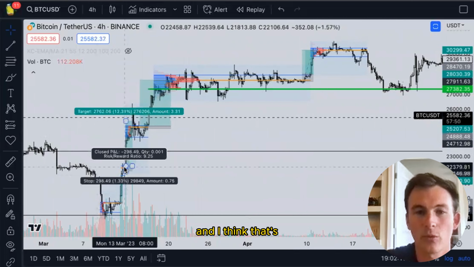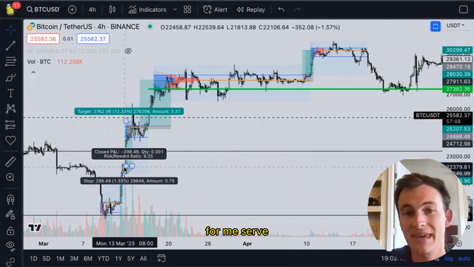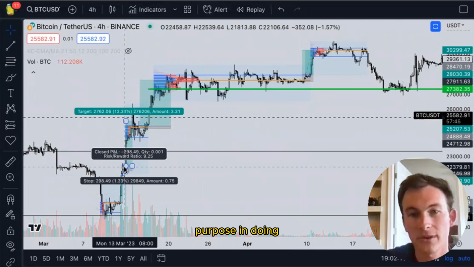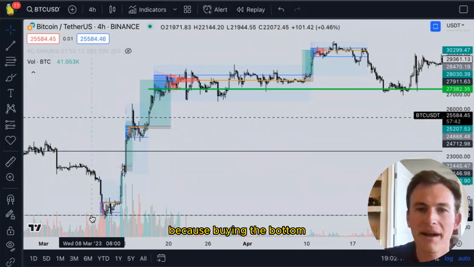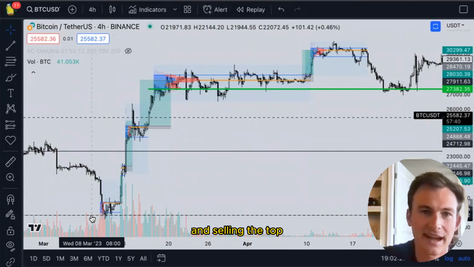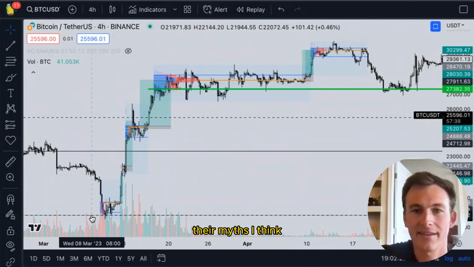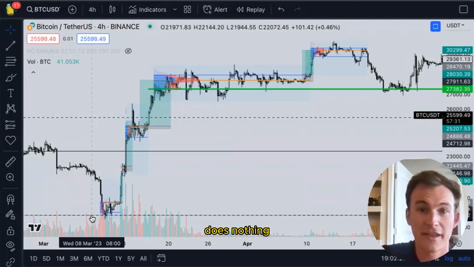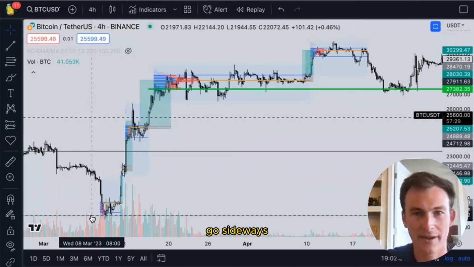And I think that's what these fixed range volume profiles serve such a useful purpose in doing, because buying the bottom and selling the top are kind of myths, I think. So you have to have a system that can allow you to consistently get on board with a trend in a market that does nothing but trend or go sideways.